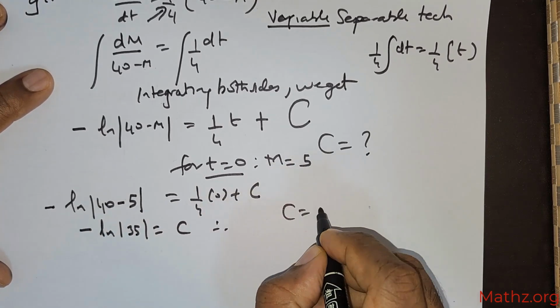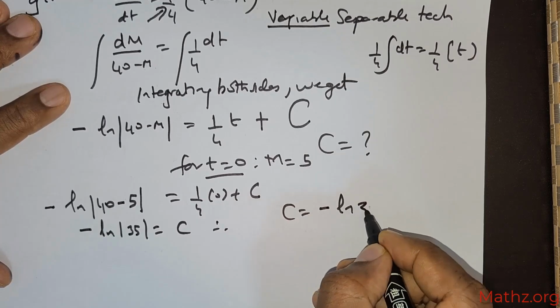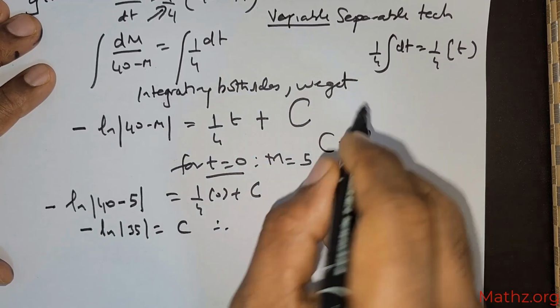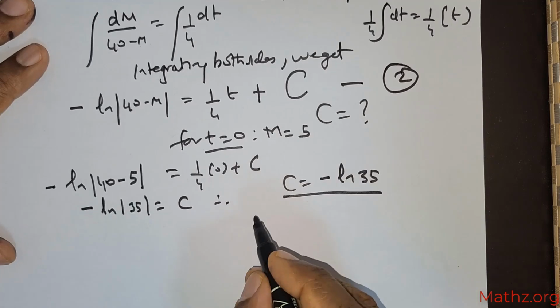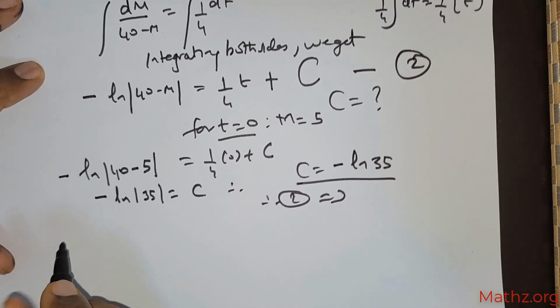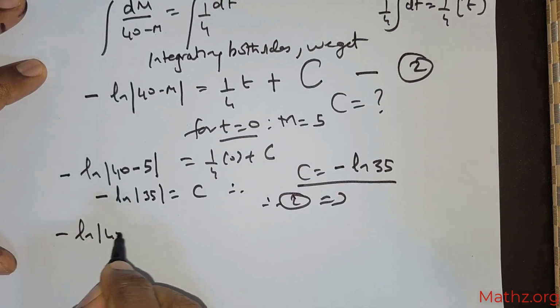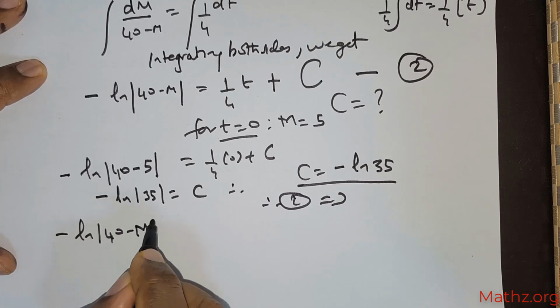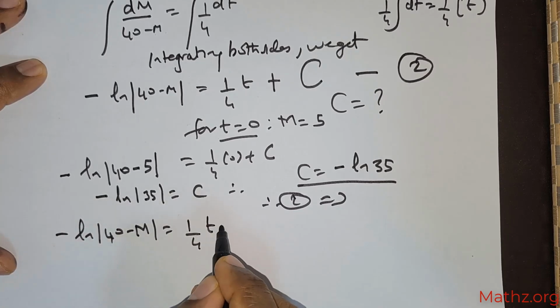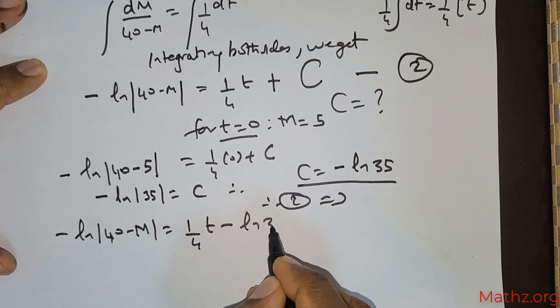Therefore c is equal to negative ln 35. Now if I take this as 2, 2 can be rewritten as negative ln modulus of 40 minus m is equal to 1 over 4 times t minus ln 35.